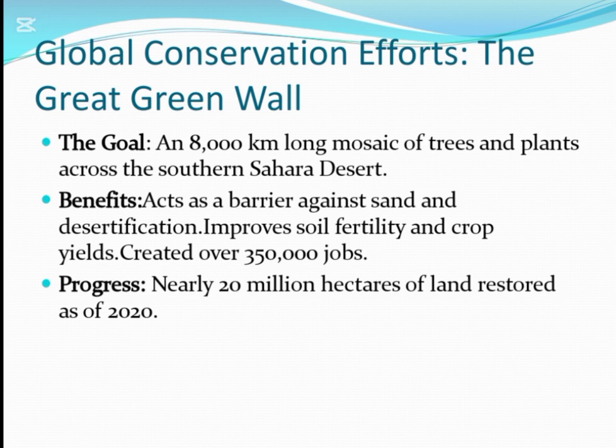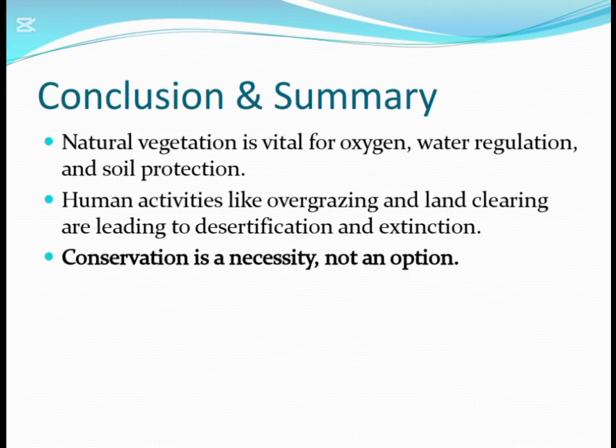So far, they have restored nearly 20 million hectares of land and created over 350,000 jobs. So, this proves that if we work together to conserve our natural vegetation, we can actually reverse the damage.